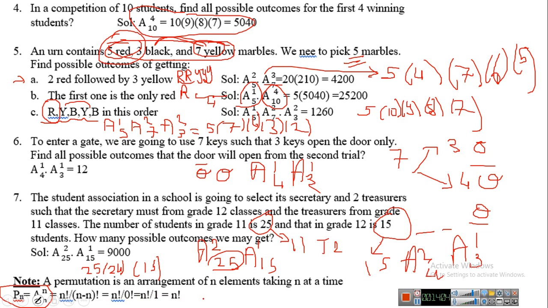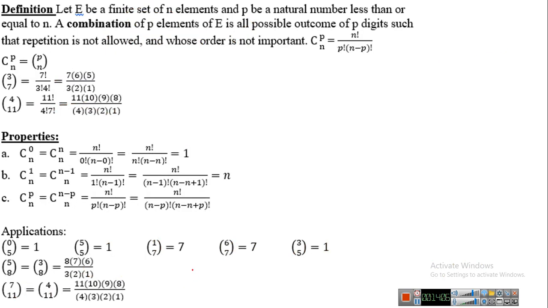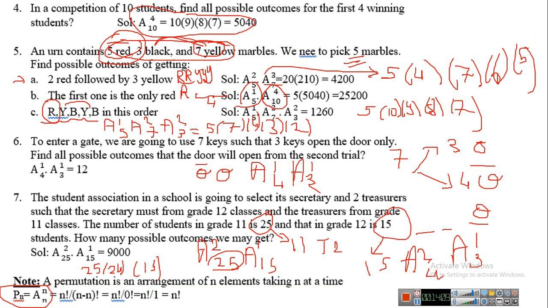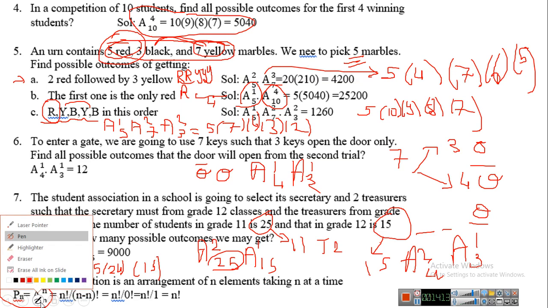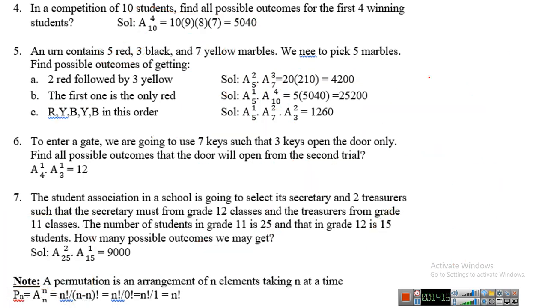For example, suppose you have an urn containing 5 black and 3 yellow balls.